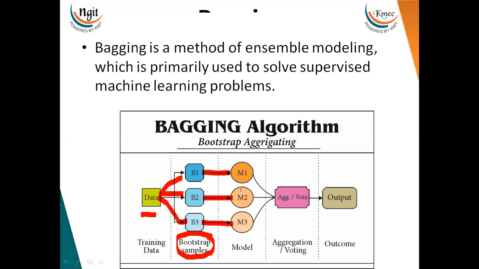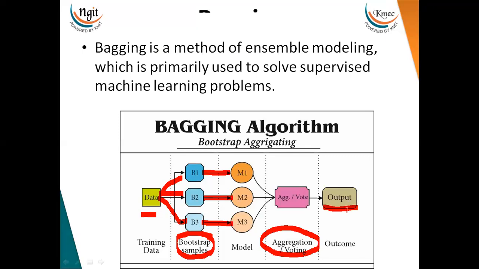All these models are working in parallel. And then finally, whatever their predictions are, they are combined together. That step is known as step 2 of bagging, that is the aggregation. And generally here we are using majority voting as the aggregation step.